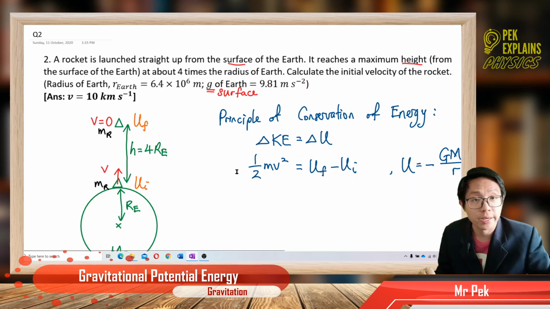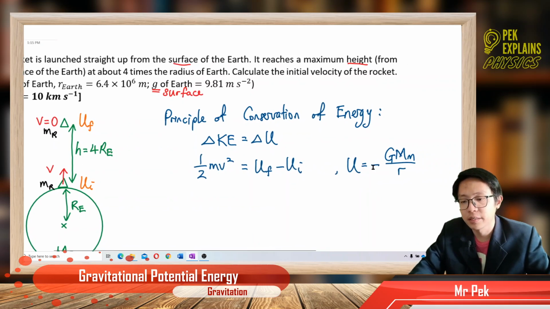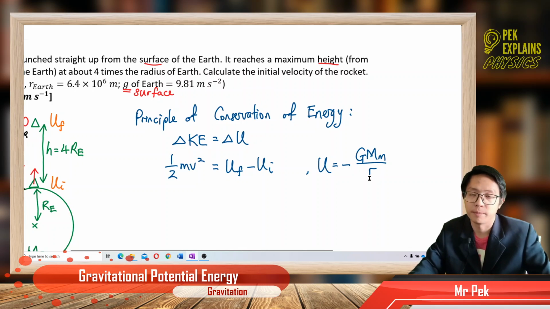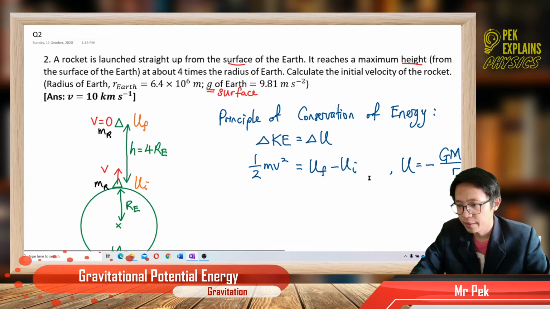So the initial kinetic energy, half mv squared, is equal to the change in potential energy, or the final potential energy minus the initial potential energy. The potential energy formula is negative GMm over r. Now we apply all this information.